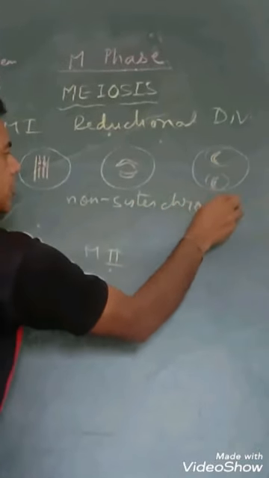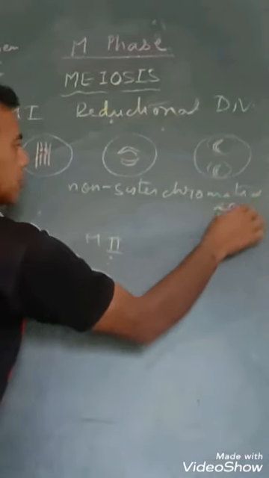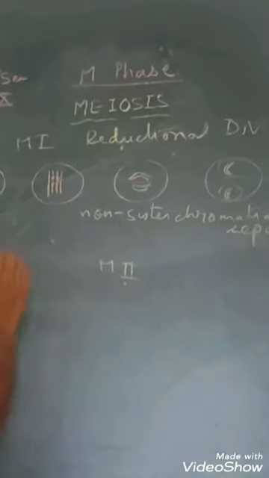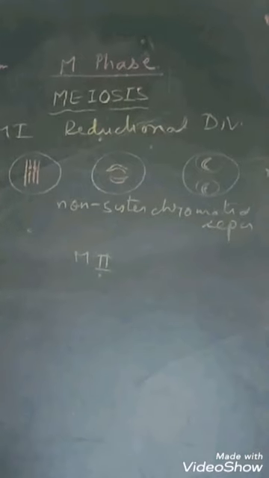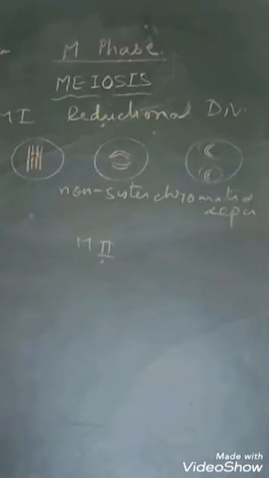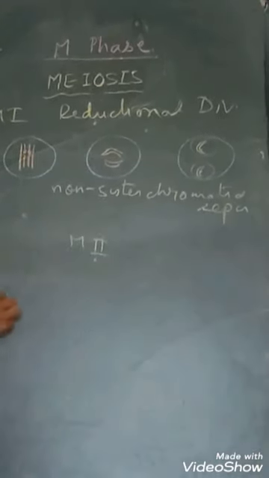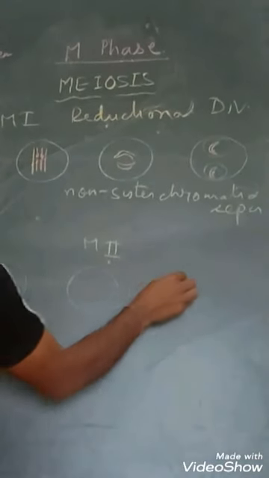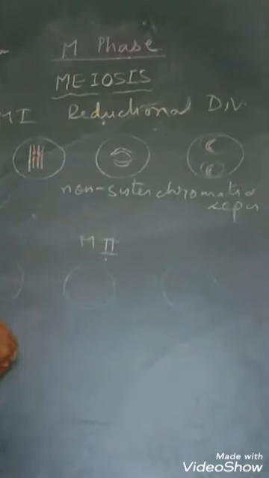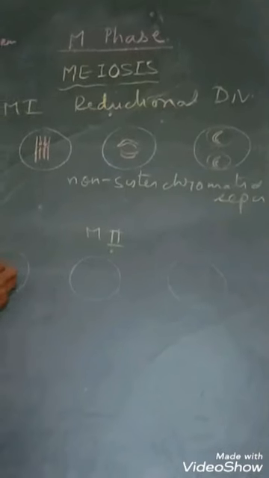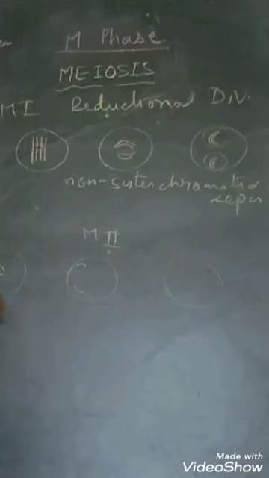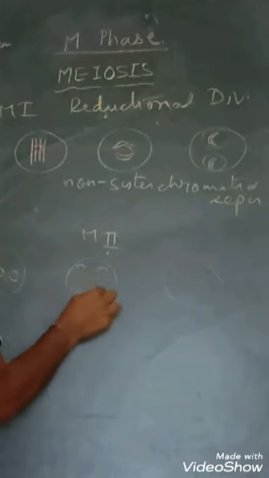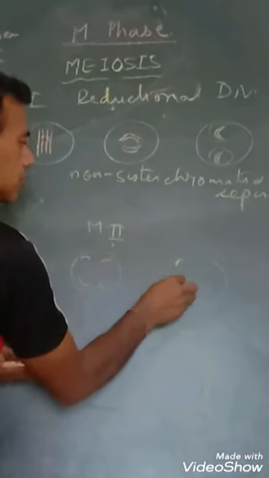Non-sister chromatid separation took place in the first division, while in the second meiotic division the separation of these two sister chromatids takes place, resulting in 4 nuclei.